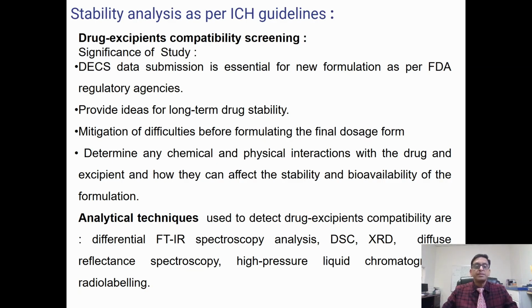Various screening techniques are used to understand the drug excipient compatibility. Earlier, we discussed in detail differential scanning calorimetry, thermogravimetry, FTIR spectroscopy, XRD, diffuse reflectance spectroscopy, and HPLC methods. Radiolabeling can also be used to understand the drug excipient compatibility.